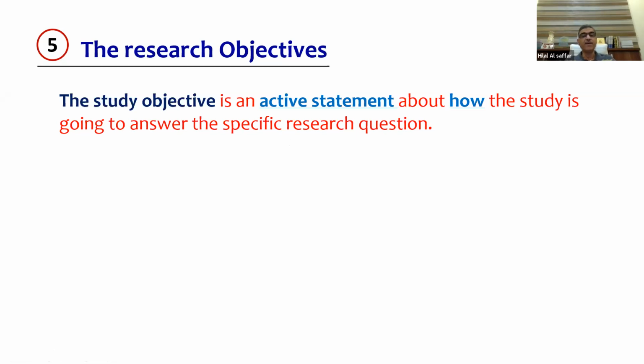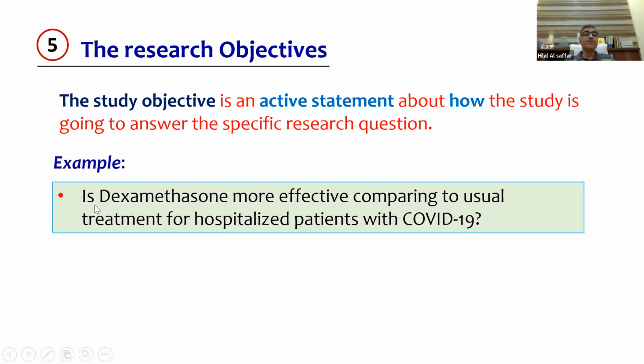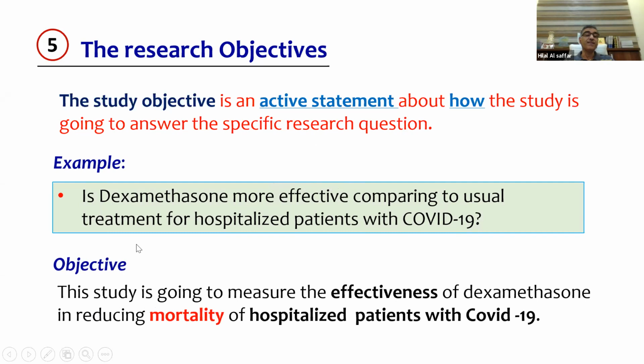Let us go back to our example. The example says: is dexamethasone more effective compared to usual treatment for hospitalized patients with COVID? This is the research question. What we want to get from it as the research objective is the answer to effective how. So the objective will be, as we said, an active statement, not an answer: this study is going to measure the effectiveness of dexamethasone in reducing mortality for hospitalized patients with COVID-19.